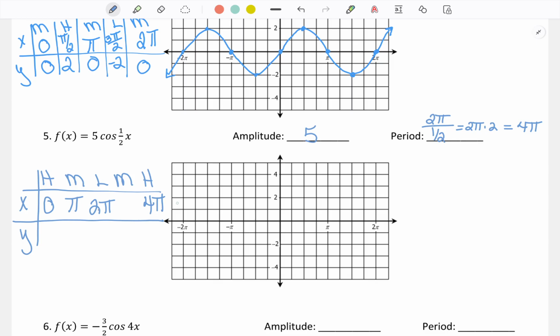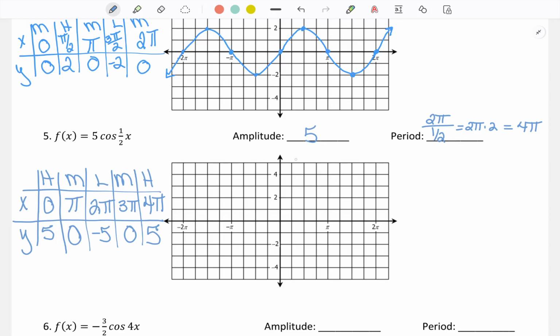And halfway between 2 pi and 4 pi is 3 pi. So each of these points will be 4 blocks apart. Now, since our amplitude is 5, then we will be up at 5 at the high points, down at -5 at the low points, and of course 0 in the middle.